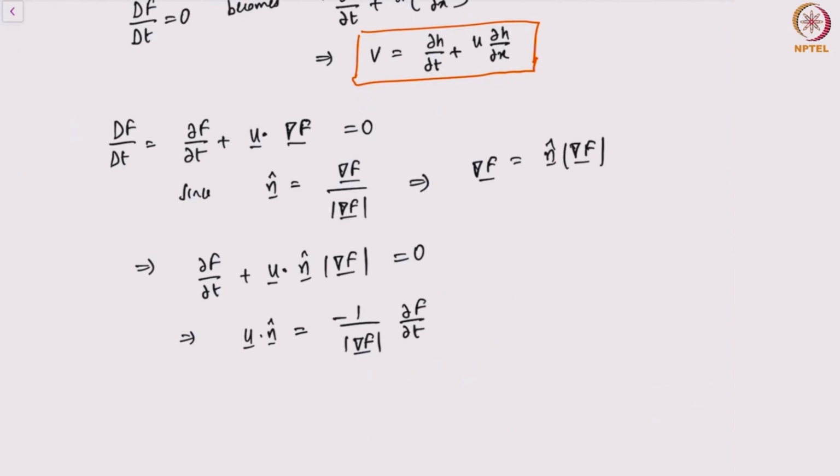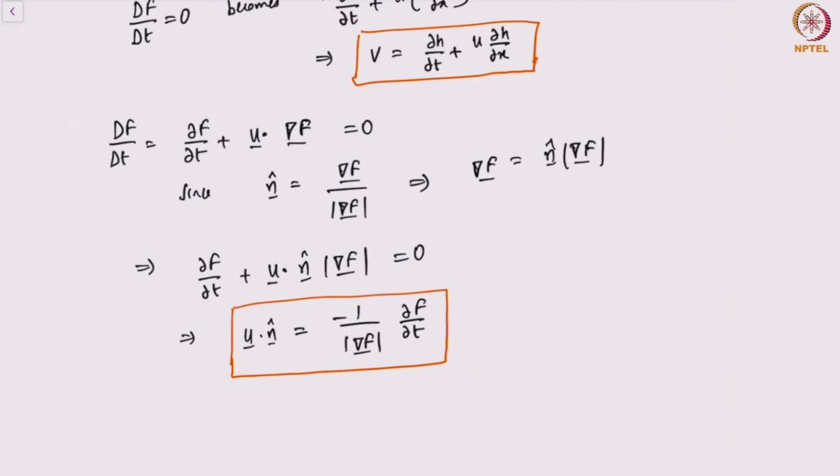This is another way of also writing down the jump conditions, the kinematic condition at the interface. U dot n will basically give me the normal component of the velocity. In this case, you can verify that that is exactly equal to v, and then the right hand side will actually tell me the local changes to the interface position.